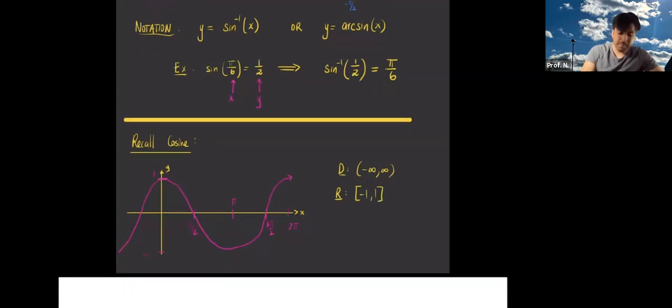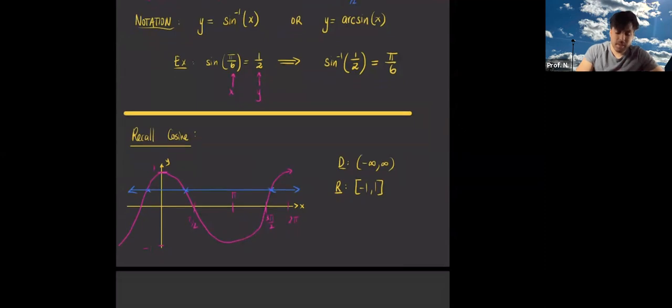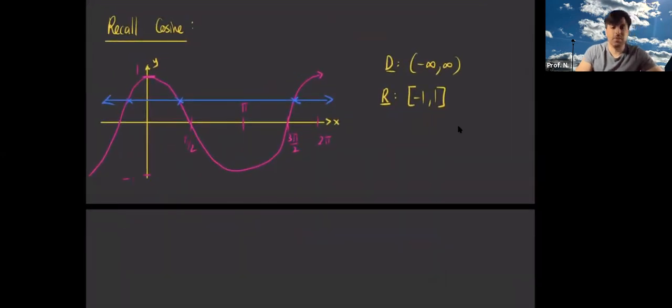What's the problem? A horizontal line crosses it more than once. What do we do? We have to restrict. How do we restrict? So tell me, guys, what do you think? What would be the interval here? In the last sine example, we restricted the domain between negative pi over 2 to pi over 2.